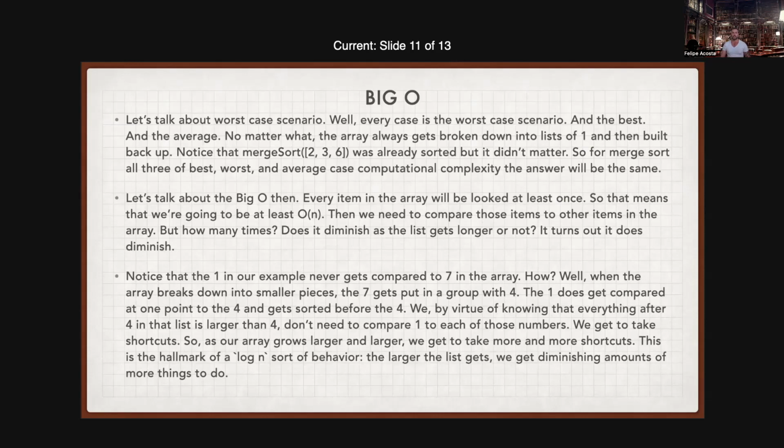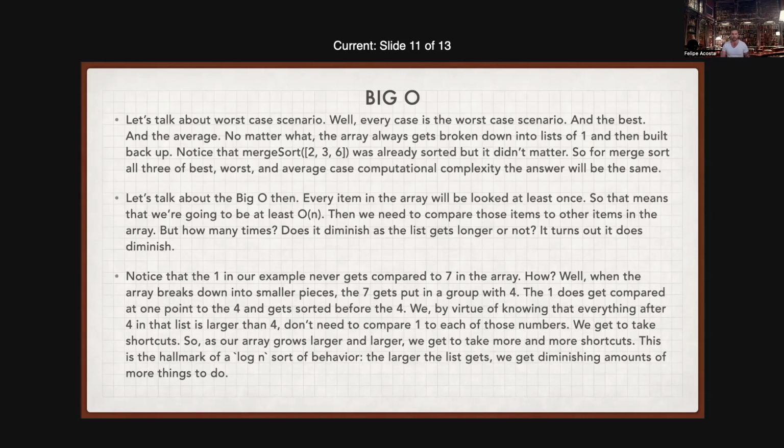Then we need to compare those items to other items in the array, but how many times does it diminish as the list gets longer or not? It turns out that it does. Notice that the 1 in our example never gets compared to 7 in the array.